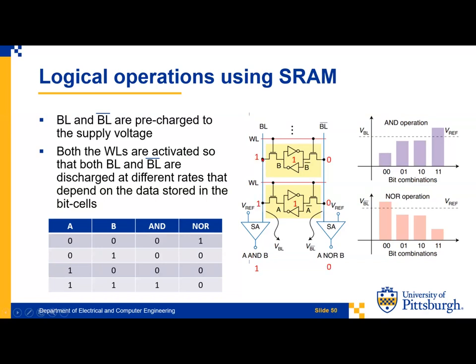And if the bit line discharges very slowly, it means the two contents are 1, 1. So the bit line discharges very slowly, and the amplifier will sense the bit line voltage higher than the reference. So the result is 1. So here, we could use this to implement logical operations by the SRAM, the AND operation and the NOR operation.